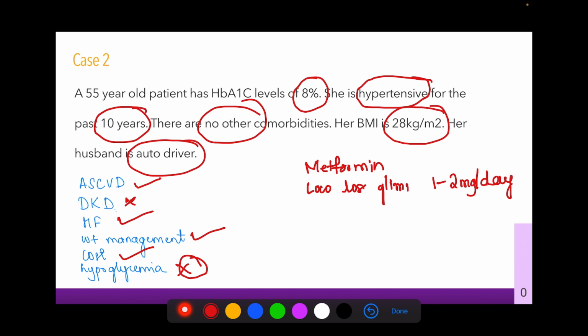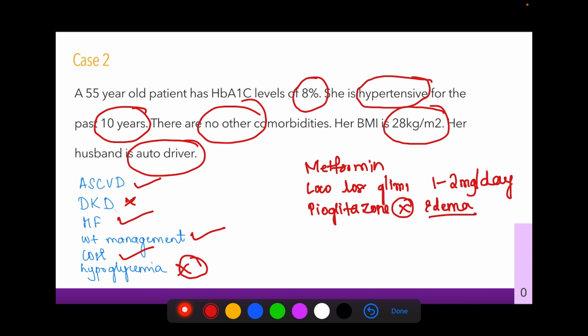Pioglitazone, can you add? What is your opinion? It's a big no. Why? One of the major instances where you shouldn't use pioglitazone is where there is an edematous condition or when there is heart failure. This patient might have heart failure.